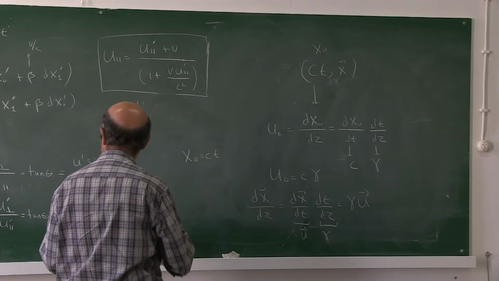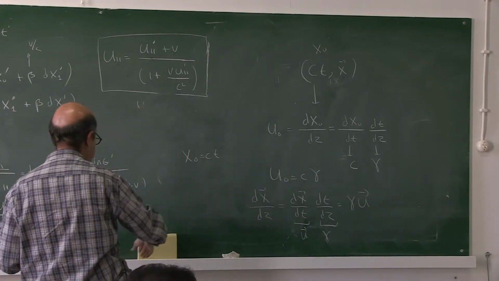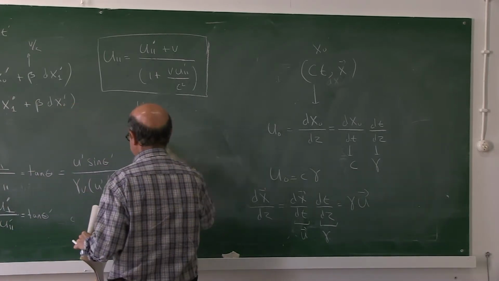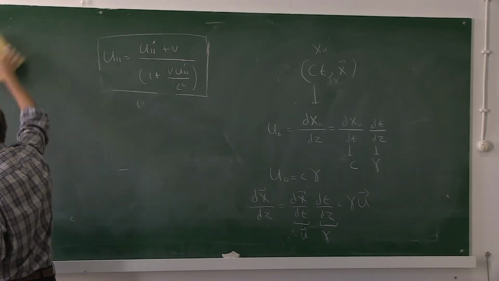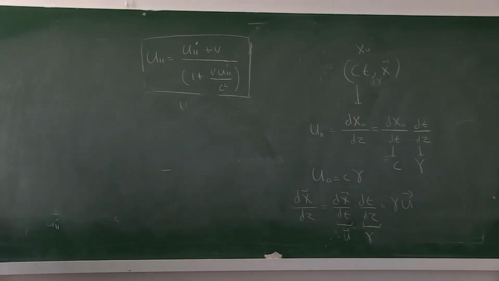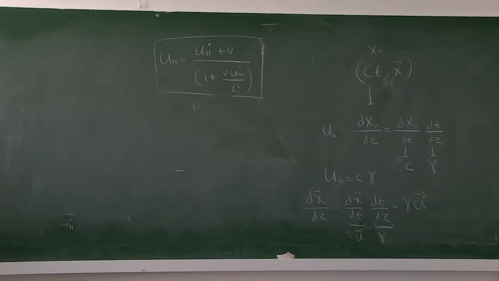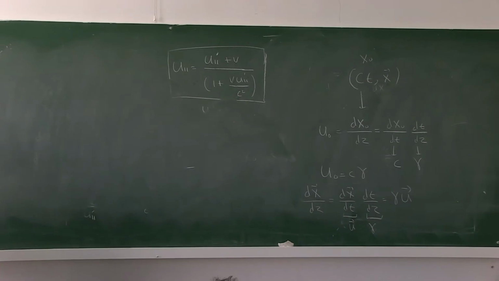So basically the four-velocity is the following. Let me erase the rest of the part.